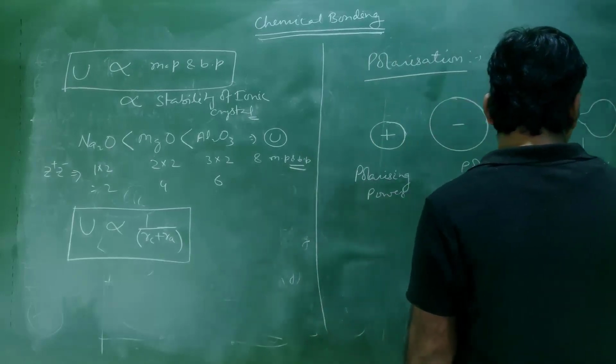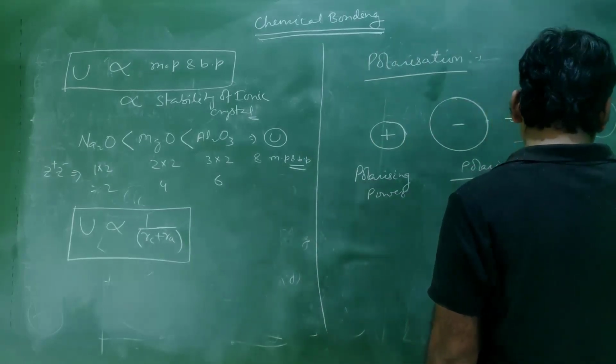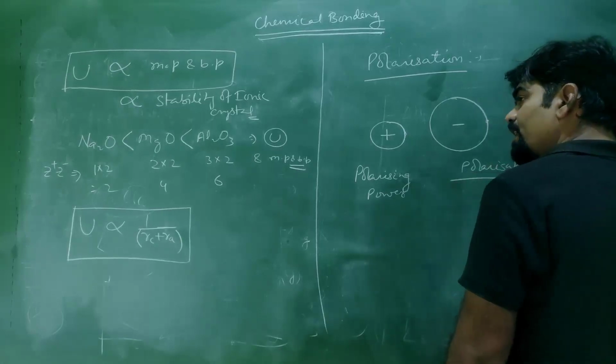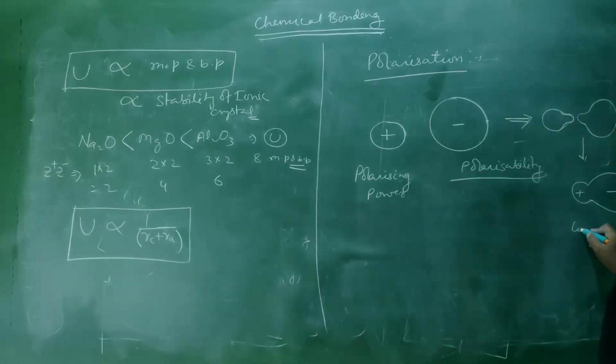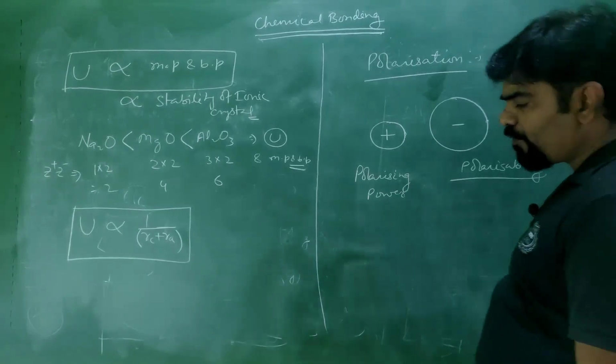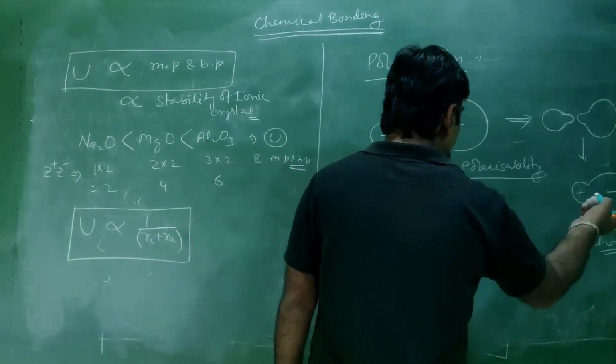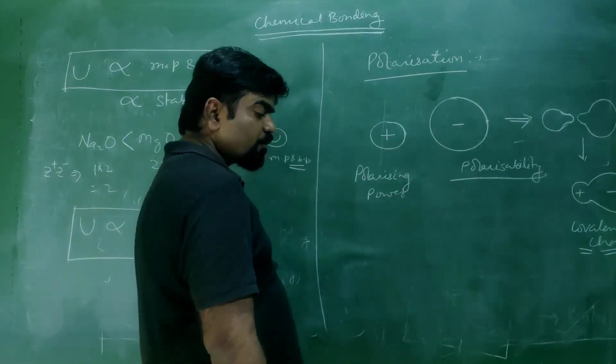This process develops polarization. This is the phenomenon which is called polarization, and it is the process which will develop covalent character. This is the character of overlapping of orbitals, so due to this they develop covalent character.